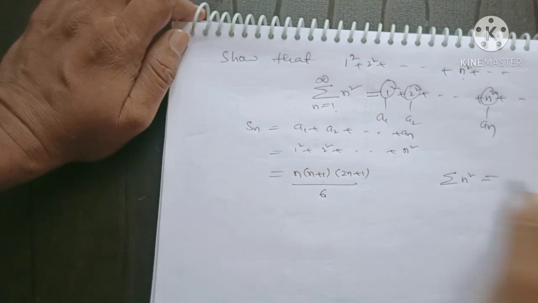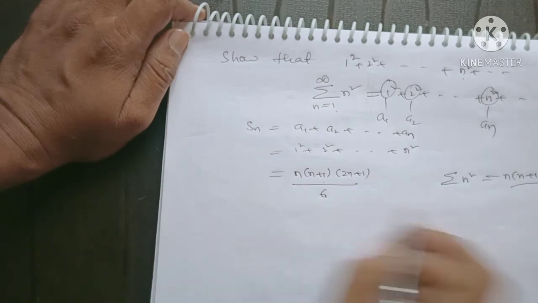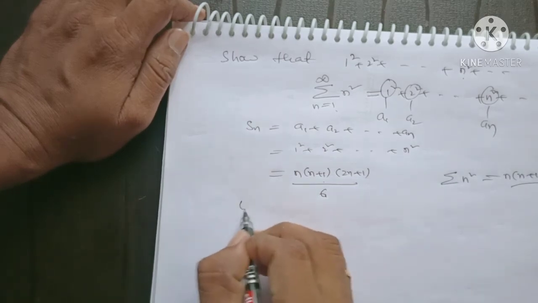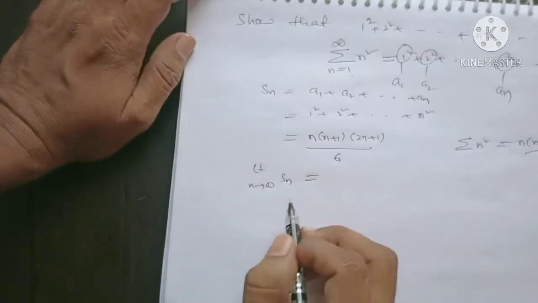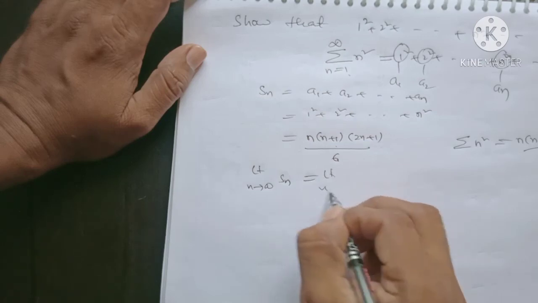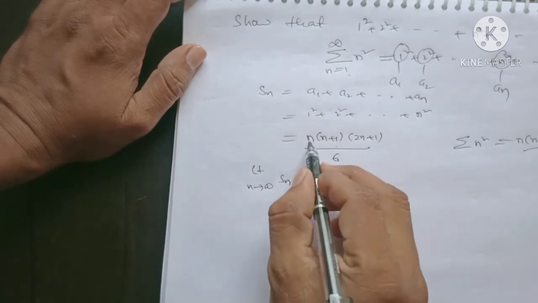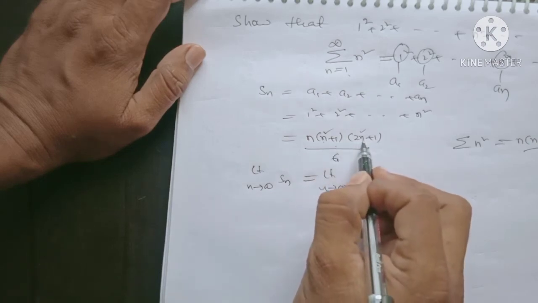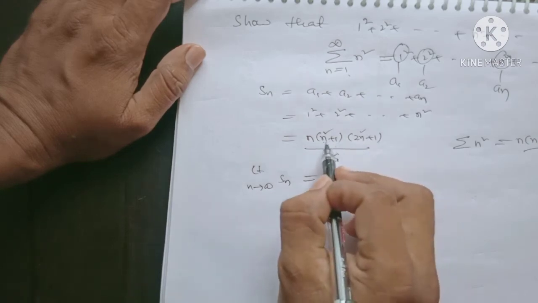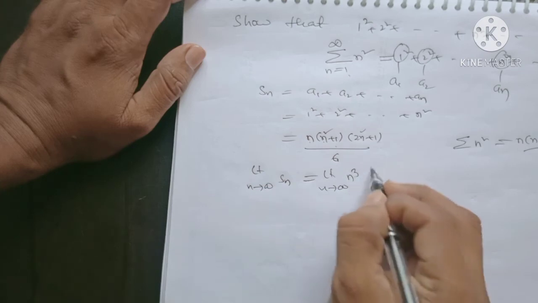Already we know that sigma n square can be written using the formula n into n plus 1 into 2n plus 1 by 6. Now I am taking the limit as n tends to infinity of Sn. Here I am taking n common, and here one more n common, giving n cube.